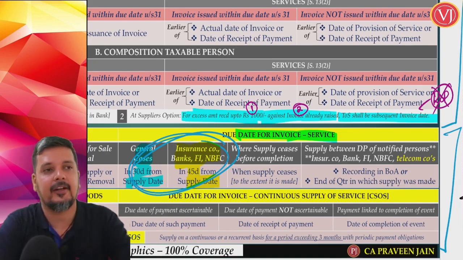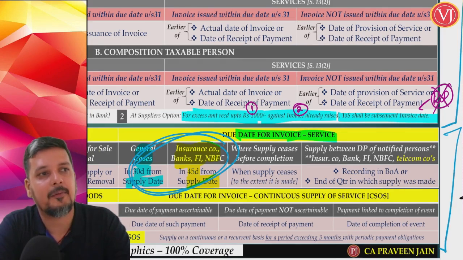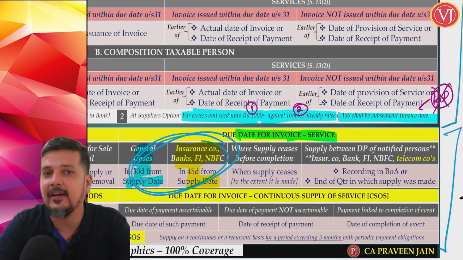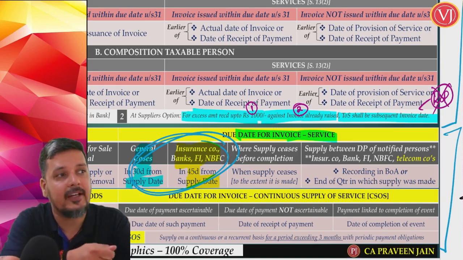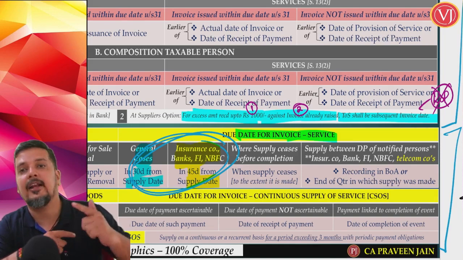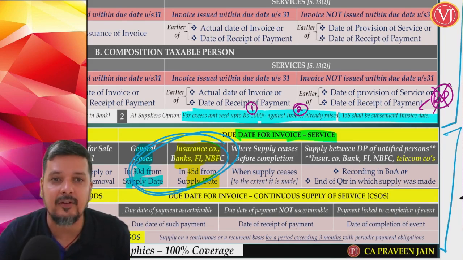So what are the two criteria for ignoring receipt of payment? You ignore that receipt of payment even for the goods sector composition scheme, even for the service sector. One, you're talking about small advances, advance up to 1000 rupees, but that's not the only criteria. Second, that advance is paid not by choice, not for booking your seat. It is paid along with an earlier invoice because of a change issue.